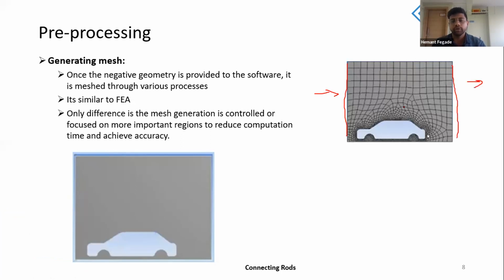So your air is moving in this direction. Now it is going to go through this element, this element, and this element. And with each element, you will get the values of velocity, pressure, temperature, density. You will get the values of all of these properties for each and every element.